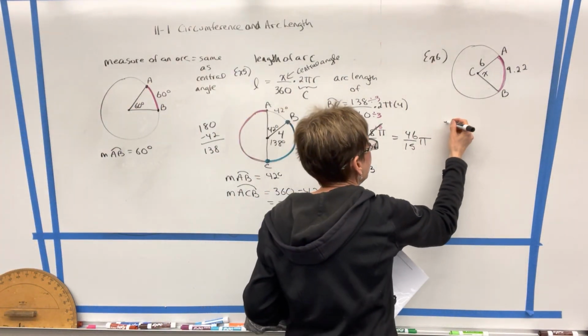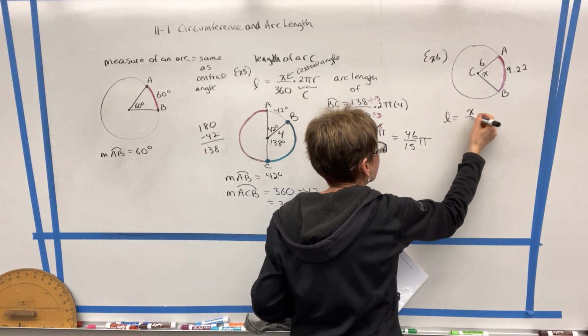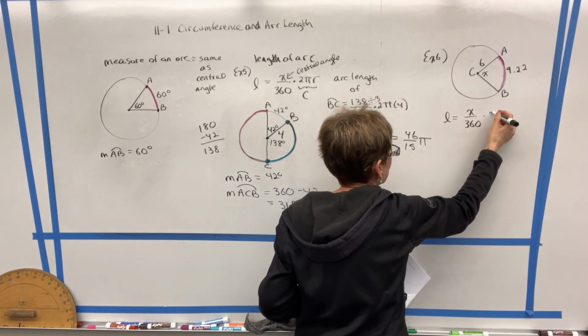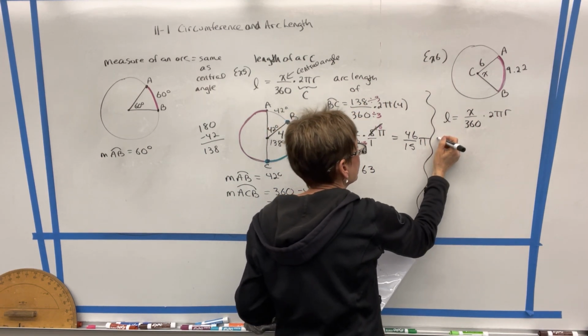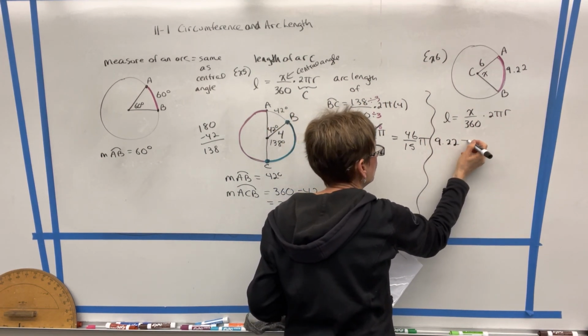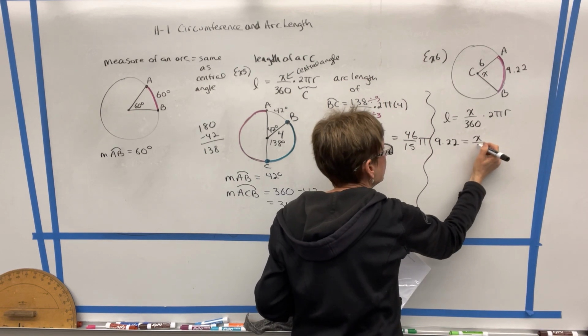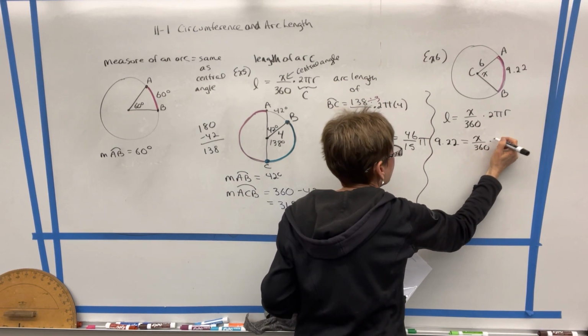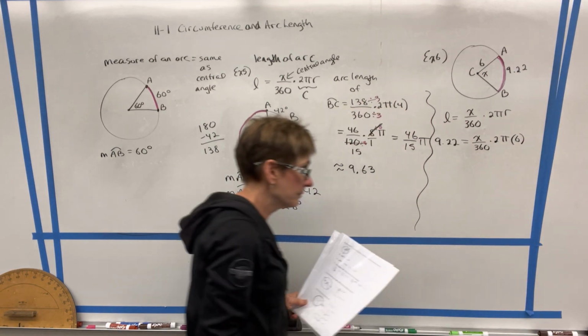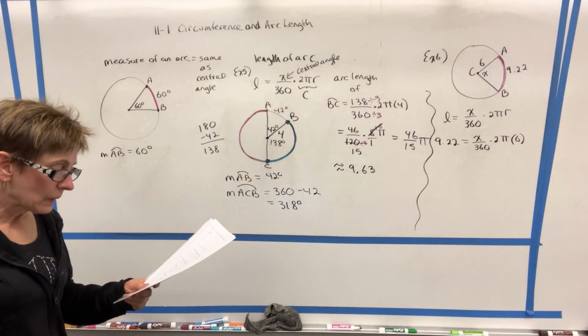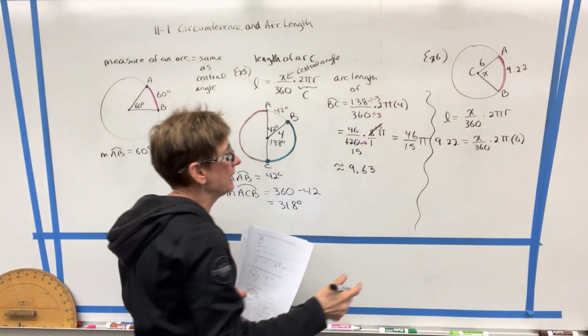So I know that length of the arc is x over 360 times 2 pi r. My length in this case is 9.22. My central angle I don't know. And then that's times 2 times pi times 6. All right, so let's go ahead and take a look at this.